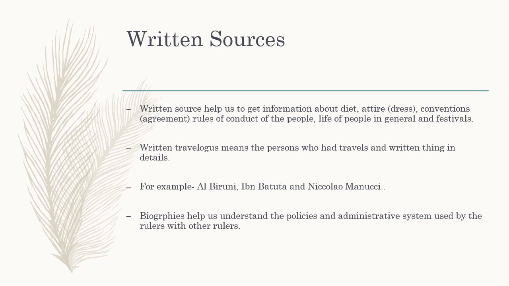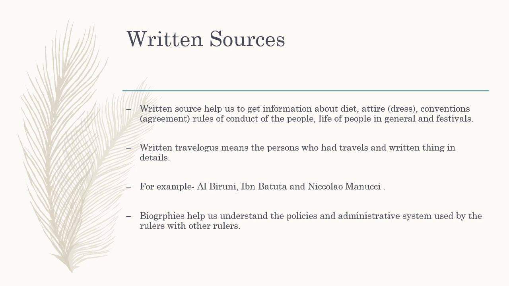And then the last part about the written source we have is the biographies. Now, what does biography mean? It means the policies, that is the rules laid down by rulers with other rulers. Like how India has certain norms and conditions when doing trade with other foreign countries.